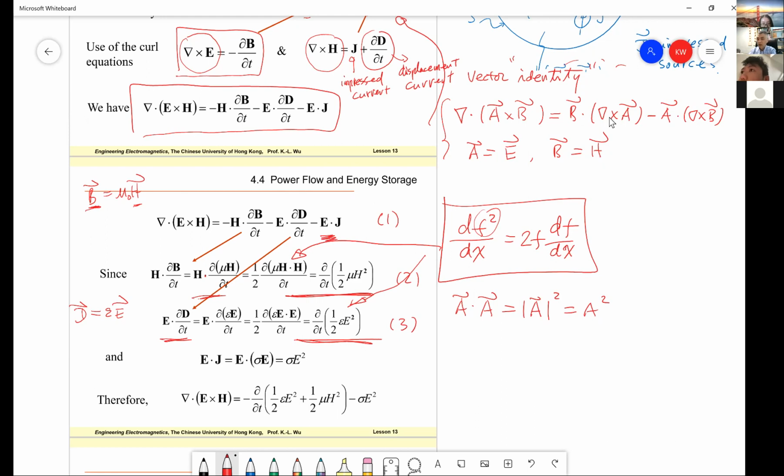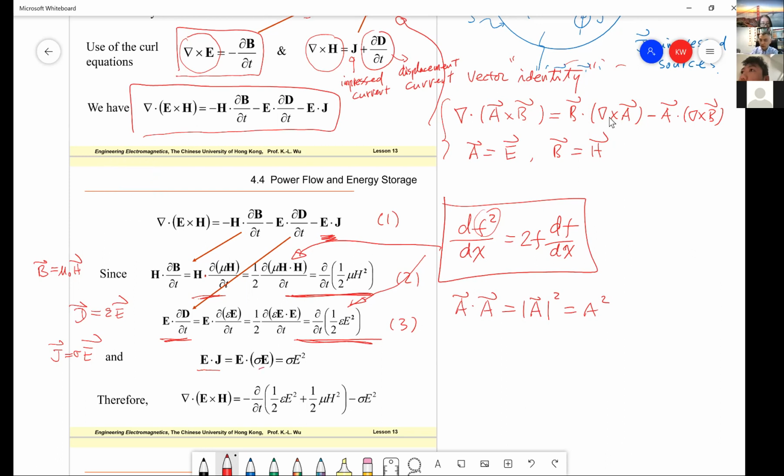Let's look at the third term. We use another constitutive relation.